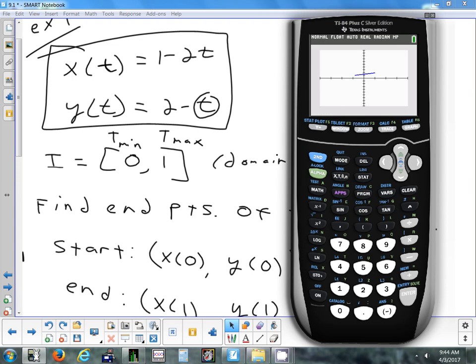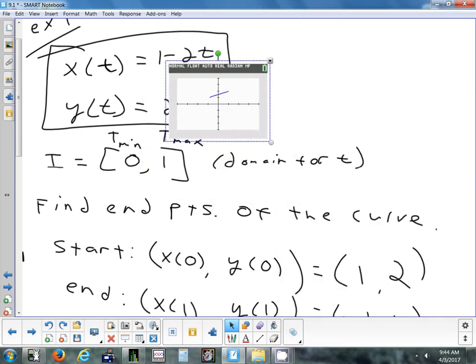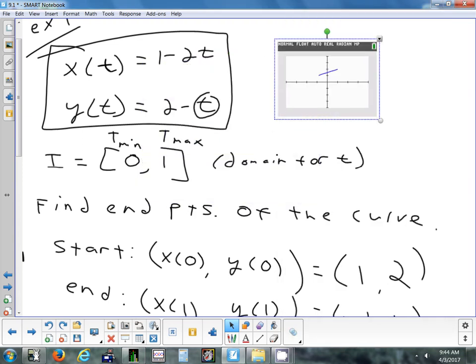Maybe it took a fraction of a second longer, but there's your graph. I'm going to zoom in, and I'm going to save this picture. -4 to 4. Just put that right there. Okay, so there's our graph. It's basically a line segment.